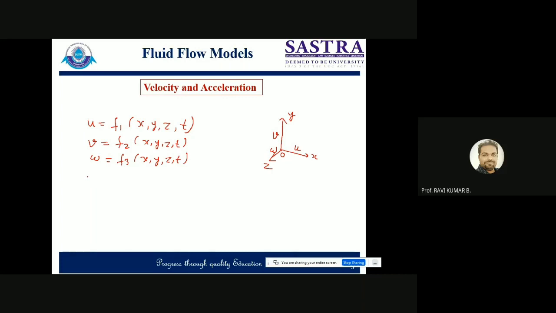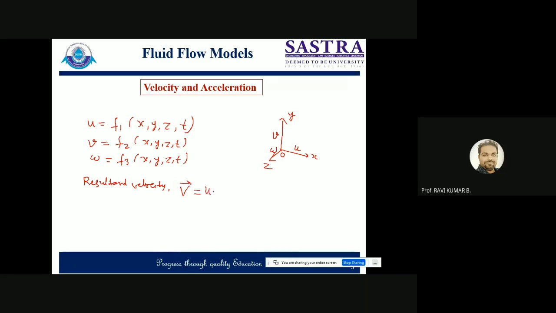Let's suppose the resultant velocity of the flow is given by capital V. I am going to write a vector relationship.